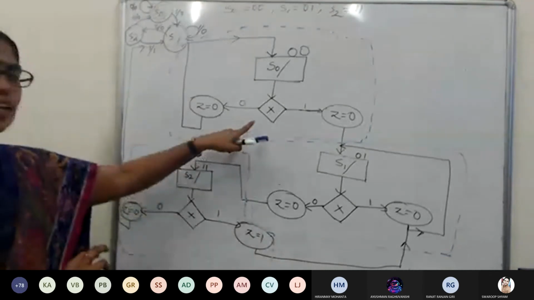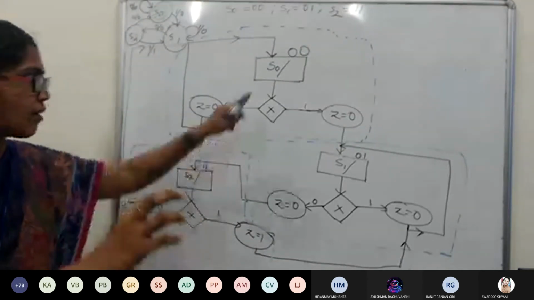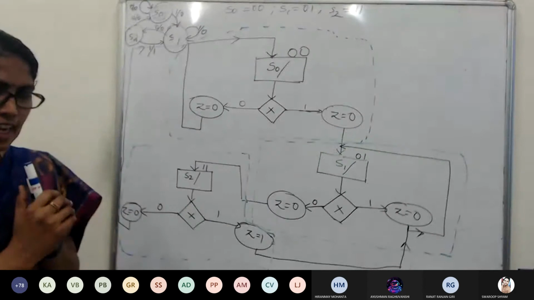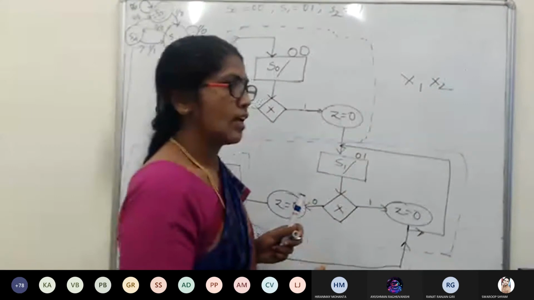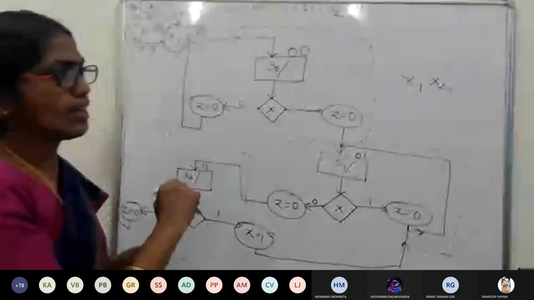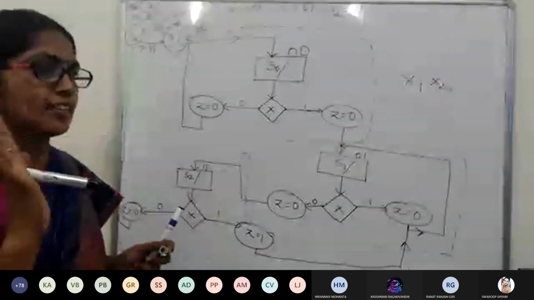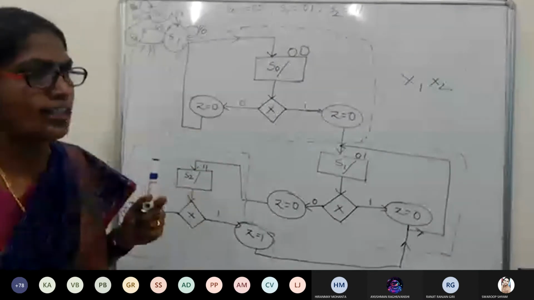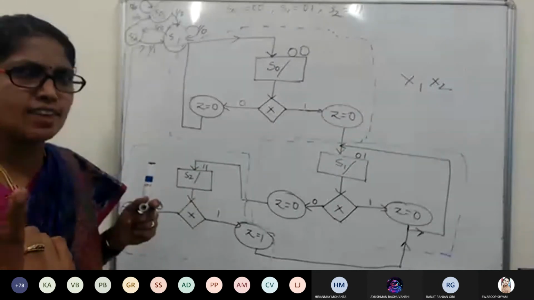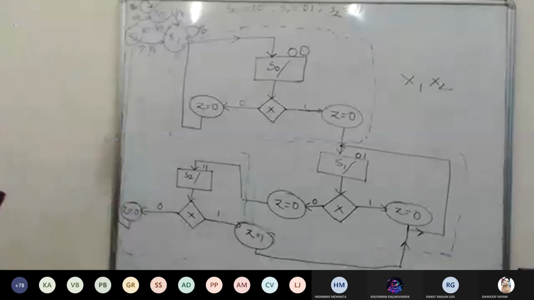See, here we have only one input variable and we are taking a decision from a state space. Now if I have two variables, x1 and x2, x1 means it is going somewhere and x2 means it is going to another state. And in x1 also I have 1 and 0, and x2 also 1 and 0. That possibility is there. So how am I going to show it?